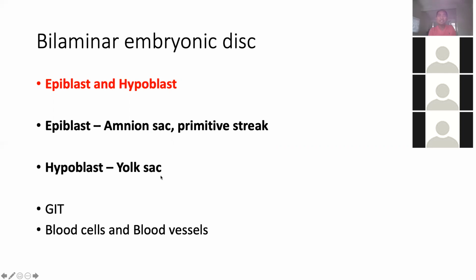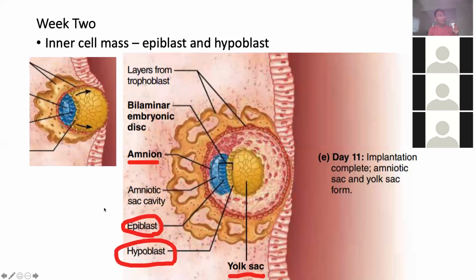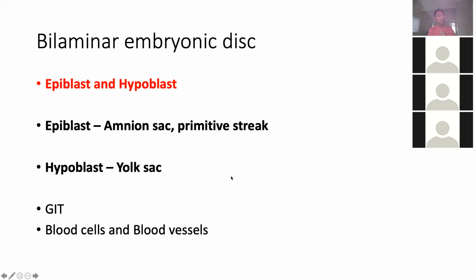What is going to happen from the yolk sac? Part of the yolk sac will become part of the gastrointestinal tract, and blood vessels, blood cells. So the yolk sac will develop into these structures. But at the moment, I want you to remember these two cells: epiblast will develop into the amniotic sac, the blue, and hypoblast will develop into the yolk sac.